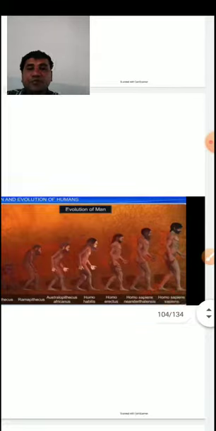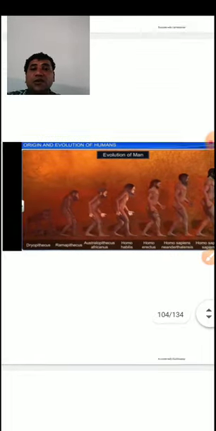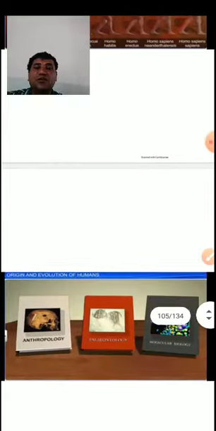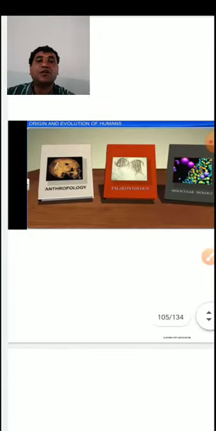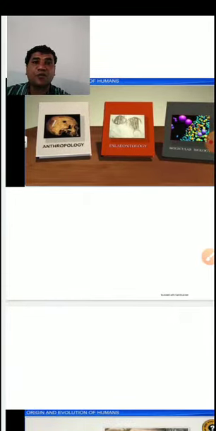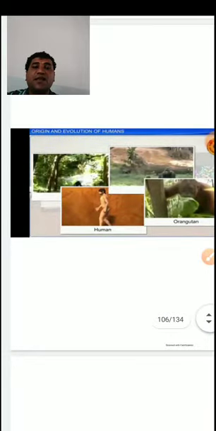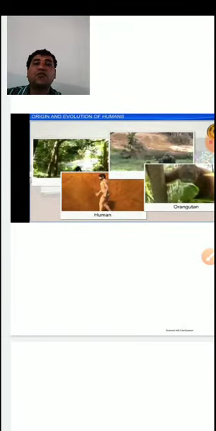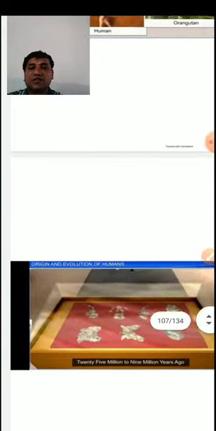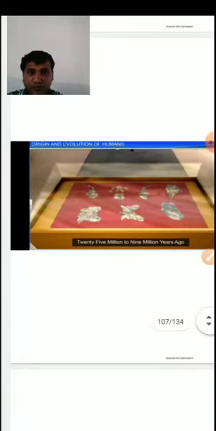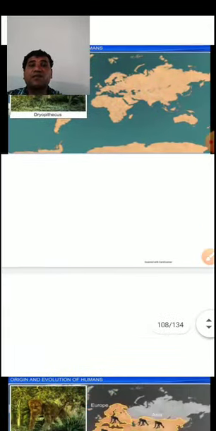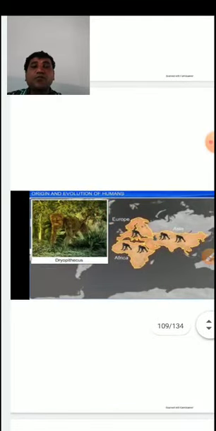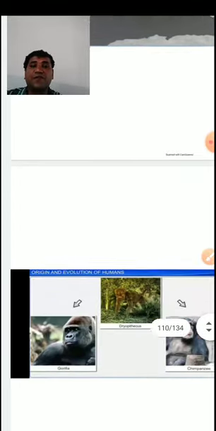In this, Homo sapiens neanderthalensis is considered to be the direct ancestor of man, and it also involves anthropology, the study of humans, paleontology, the study of fossil animals, and molecular biology. These are considered to be the common ancestors of human beings, where Dryopithecus animals lived in Africa, Europe and some parts of Asia.